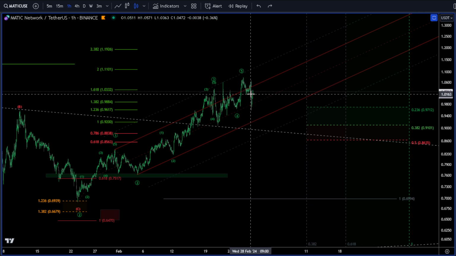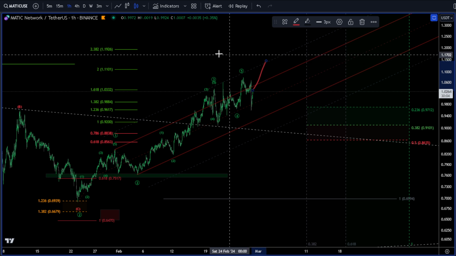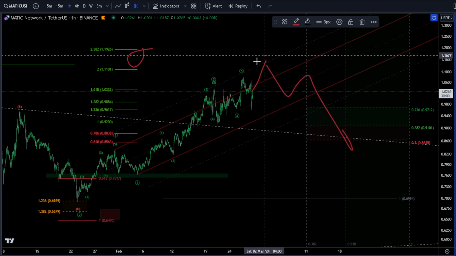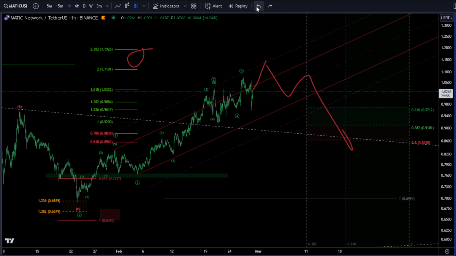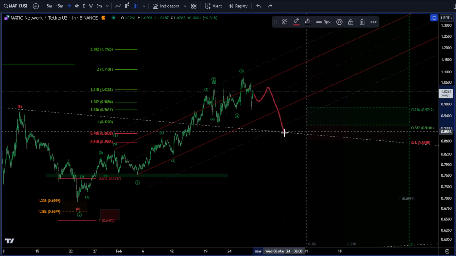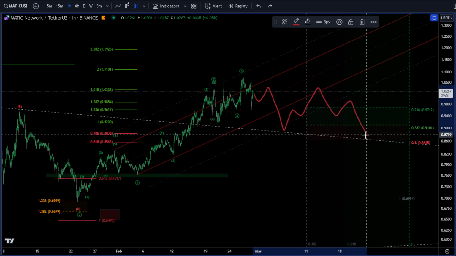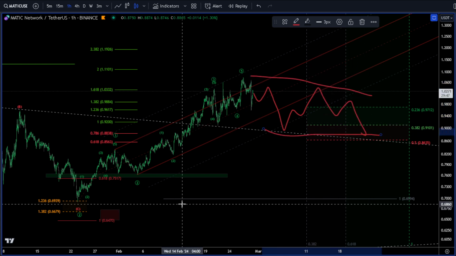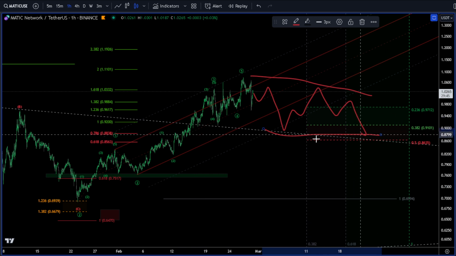But ideally what I want to see here is either one more tick up between this zone, then we correct, do not break out of this pitchfork whatsoever, or we drift sideways here, come down, drift up, come down, and just make a nice little WXY or ABC over here and look for our entry.